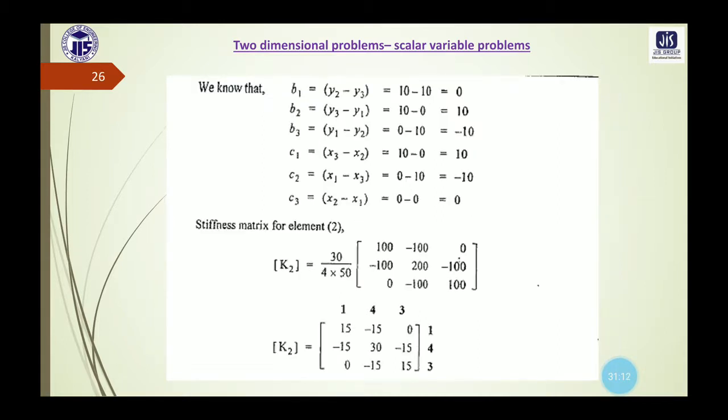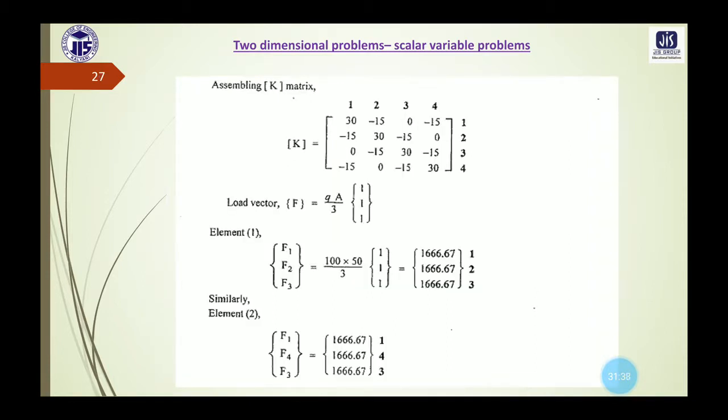Next, in a similar manner we need to find the values of b1, b2, b3, c1, c2 and c3, which can be mathematically represented in terms of the different coordinate values. And finally if we put these values in the stiffness matrix for the conduction, then we will get this k2.